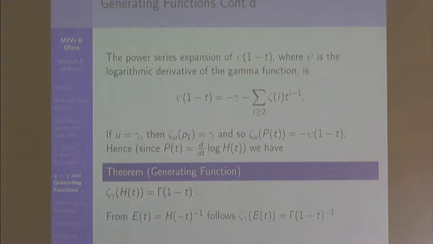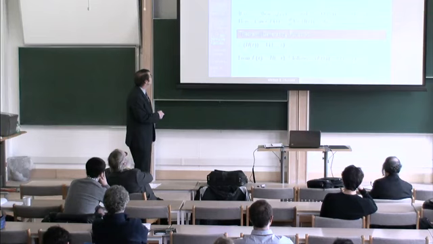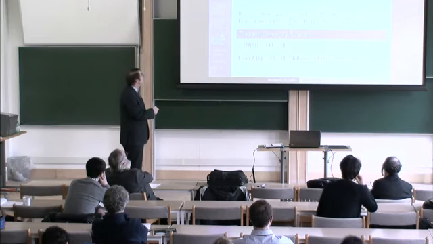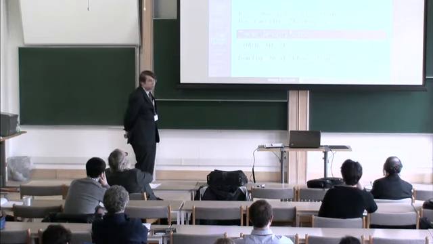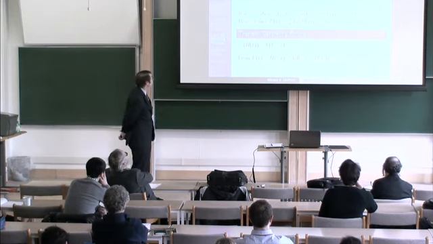Since this is the logarithmic derivative of the gamma function, the generating function for the complete symmetric functions must be sent to the gamma function of 1 minus t. So the nice thing about this choice is that if you send P1 to Euler's constant, the generating function for the complete symmetric functions goes just to the gamma function of 1 minus t.